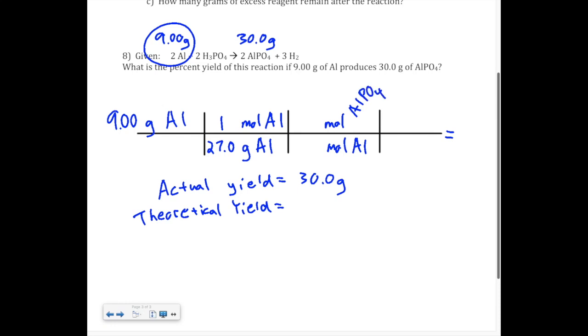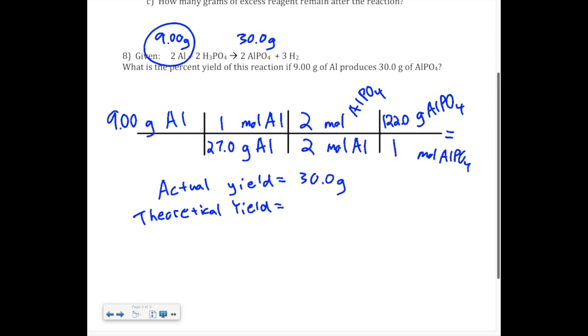The coefficients for these are going to be 2 and 2, and so I just need to take moles of aluminum phosphate, AlPO4, and change it to grams of AlPO4. The molar mass of aluminum phosphate is 122.0 grams per mole.